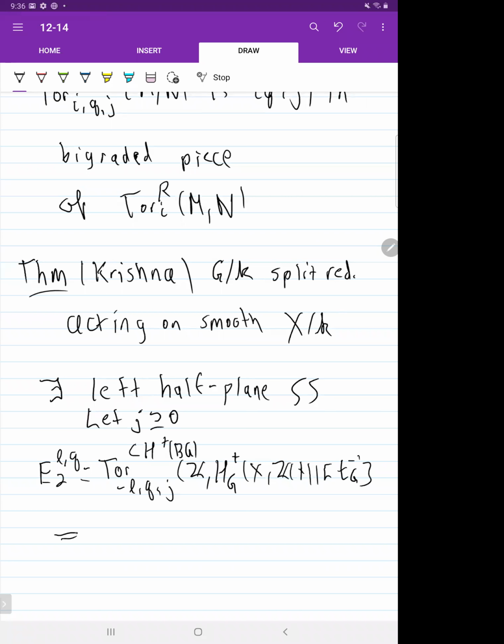And it converges to the regular motivic cohomology of X, again with the torsion index inverted.